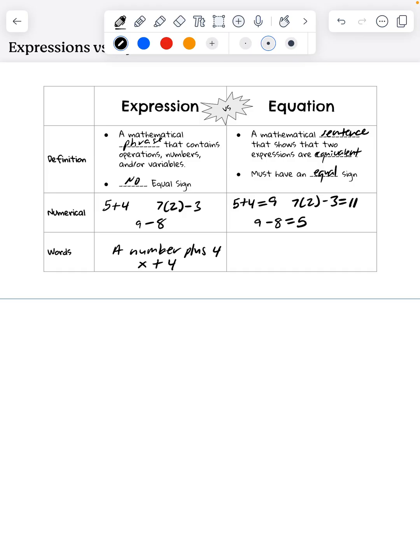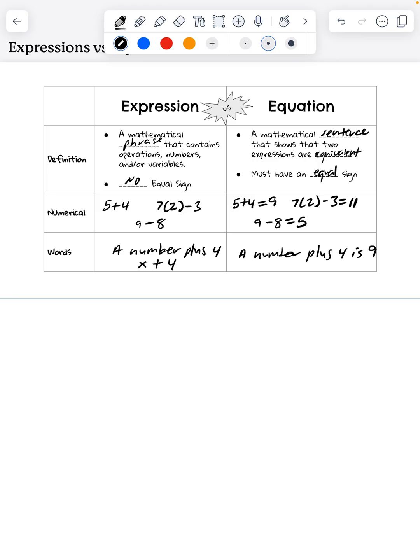Okay, so then the wording would be a number plus 4. And to make it an equation, I'm going to add is 9. Is equal. That means it equals 9.